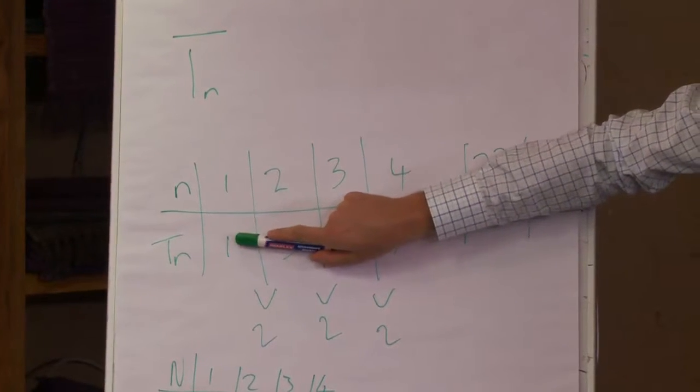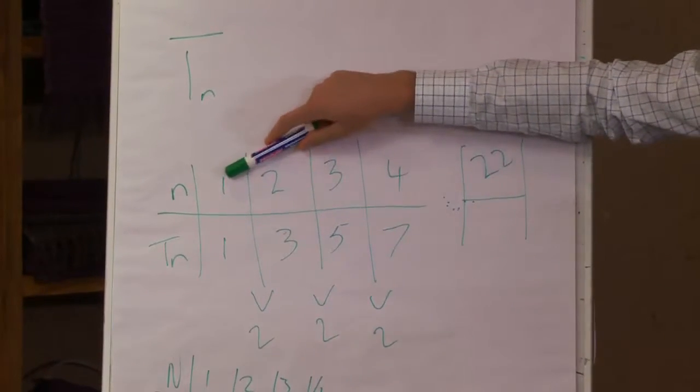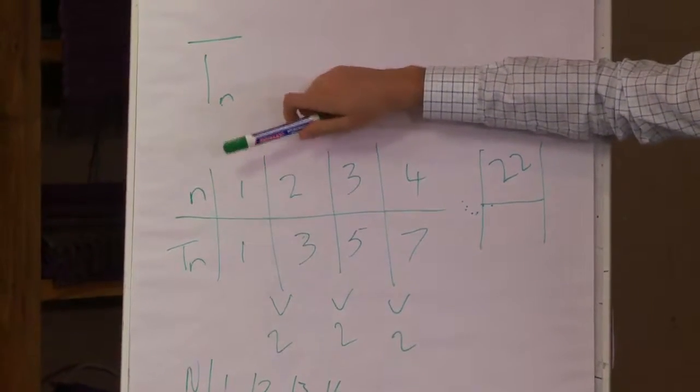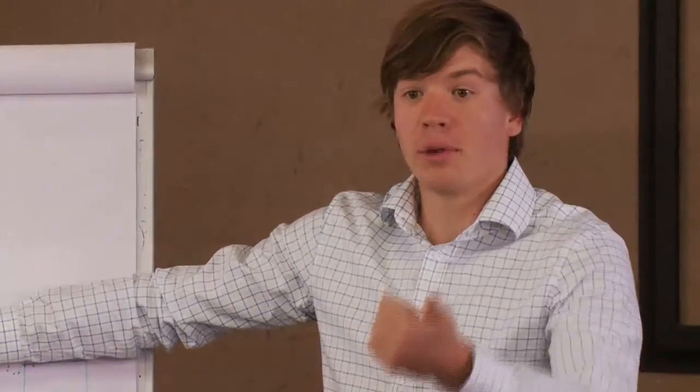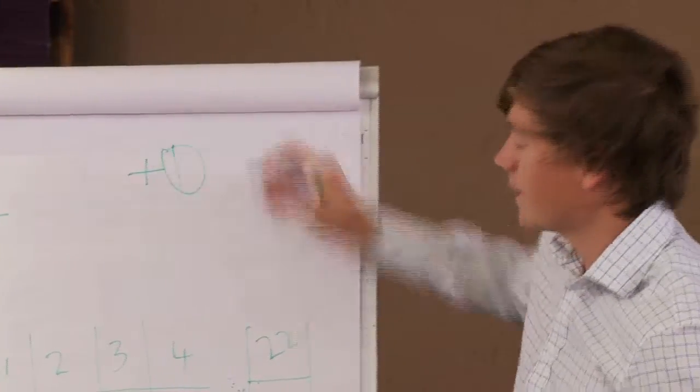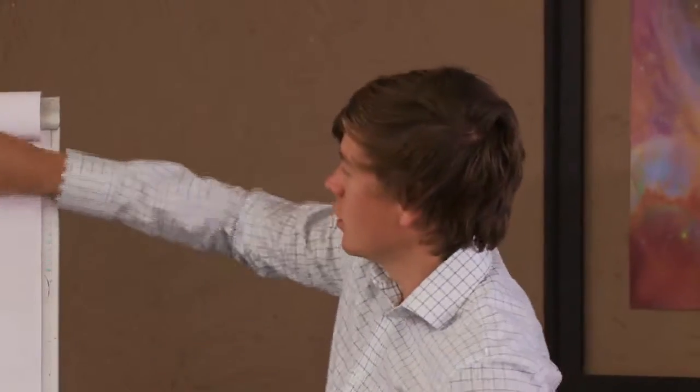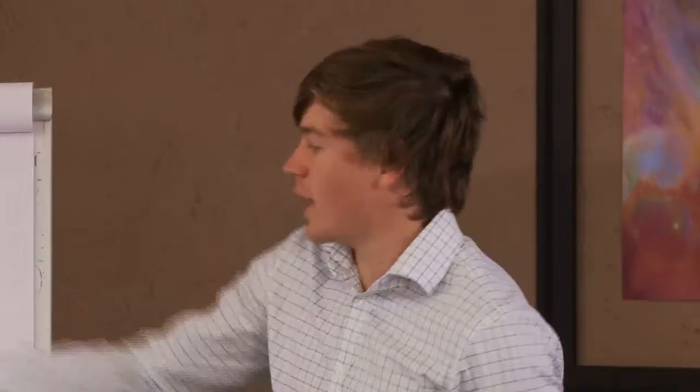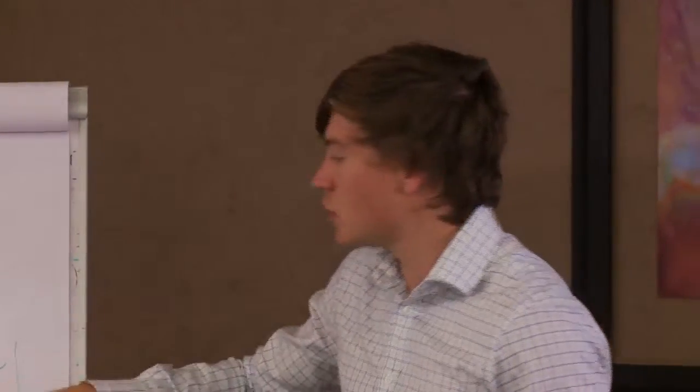How can we get from 1 to 1? 1 plus 0. Plus 0 is a good option. Does 2 plus 0 give us 3? No. So that does not work, because remember, we want a solution that works for every single one of these n's to get us to every single one of the tn's.